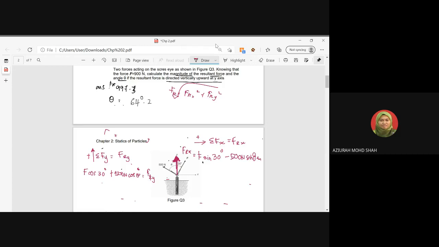What does it show us? If we have this kind of arrow directed vertically upward at y-axis, what does it show to us?